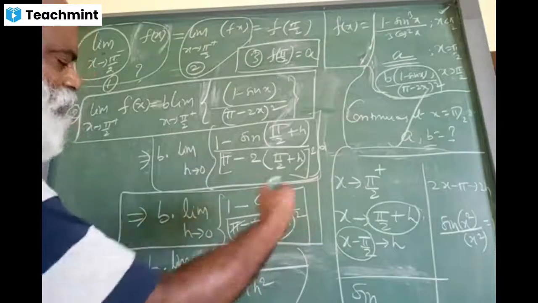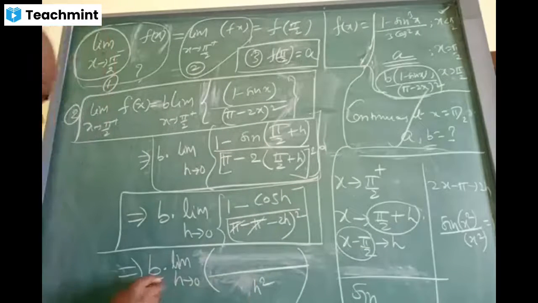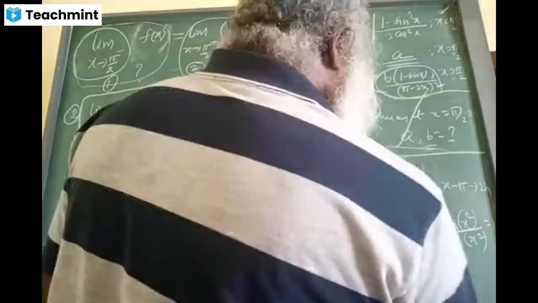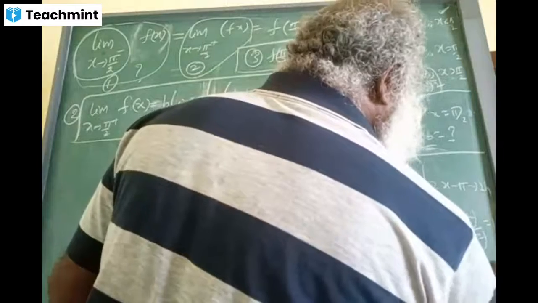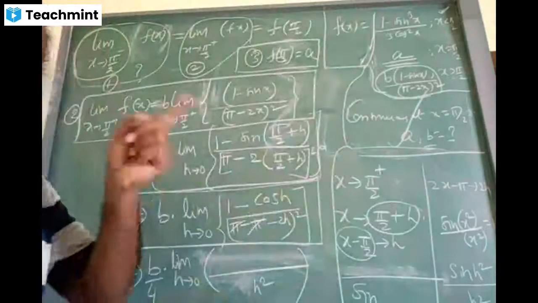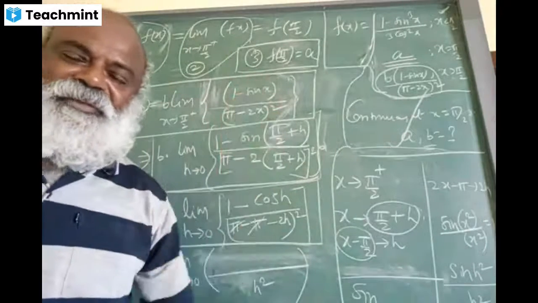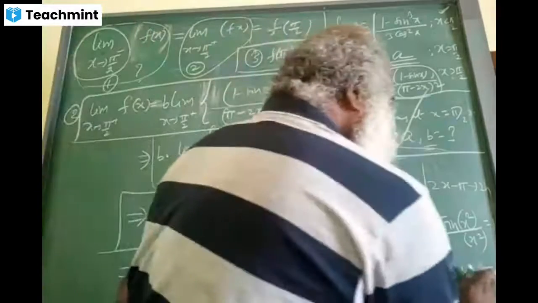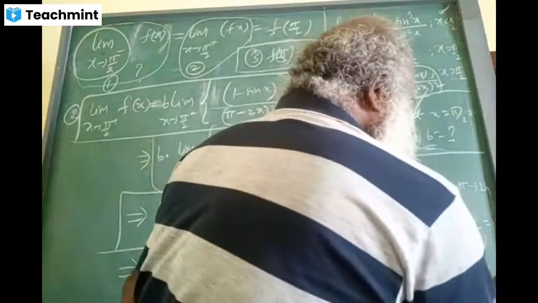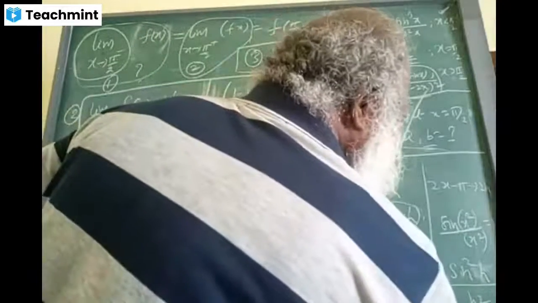Nice, very good. Suppose the denominator is h square, now the numerator should be sin h square. Please, yes or no? Yes, sir. Sin square h. Sorry, sin square h. That is, sin h by h whole square, please.